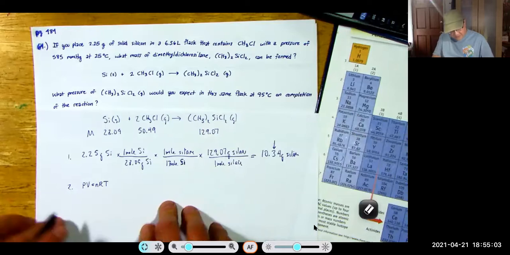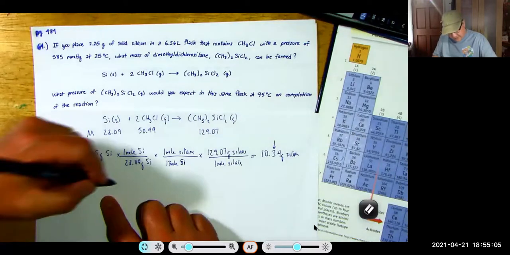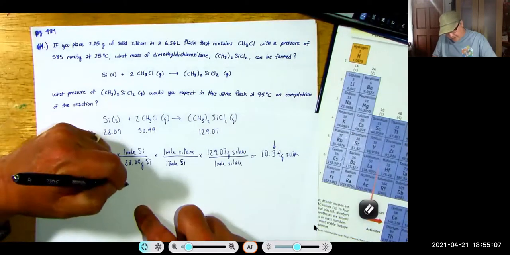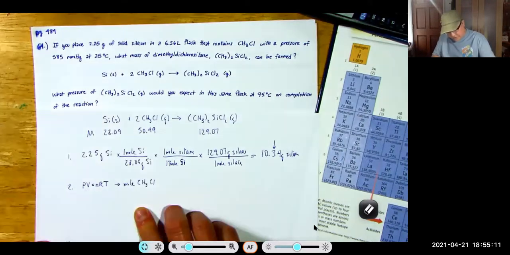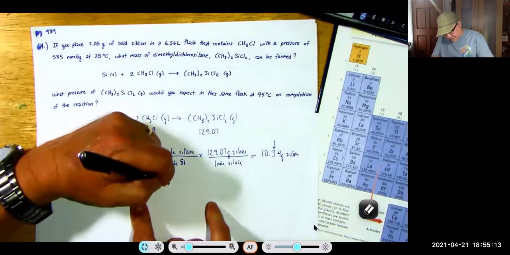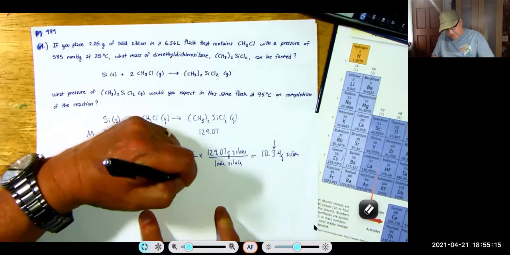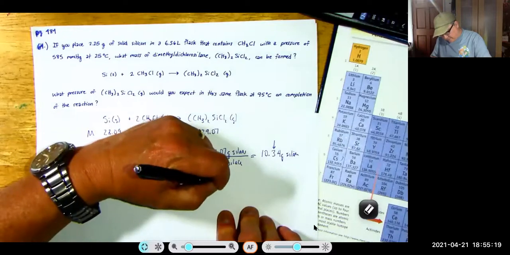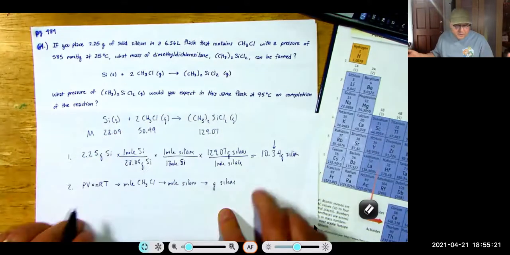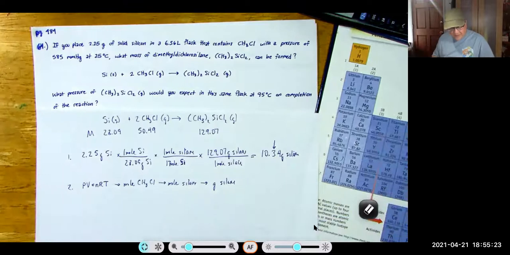So we're going to do this kind of in 2 parts. We're going to get the moles of CH3Cl. We're going to use that to get the moles of silane, and then we're going to use the molar mass of silane to get the grams of silane. And we're going to compare these 2 numbers. Whichever number is the least, that's how much we're actually going to make.